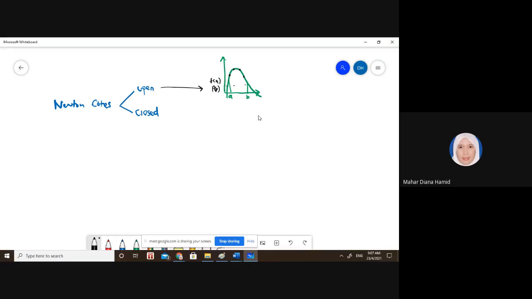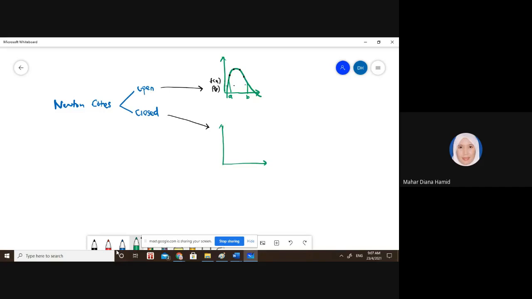For closed method, it's going to be straightforward, where the data that's given actually correspond to the beginning and also the end of the limits of the integration.